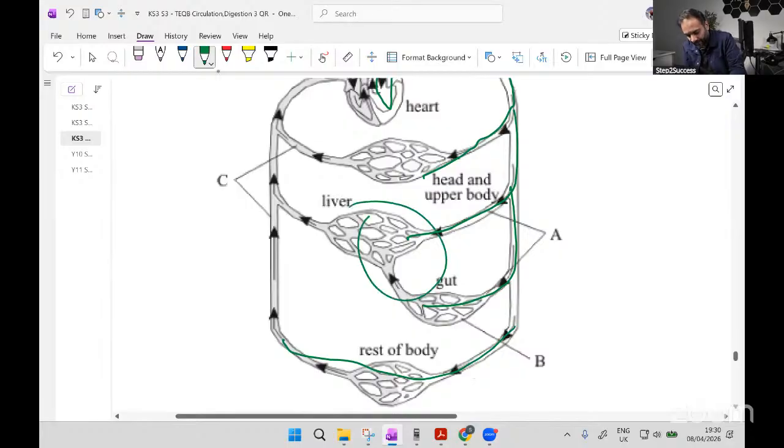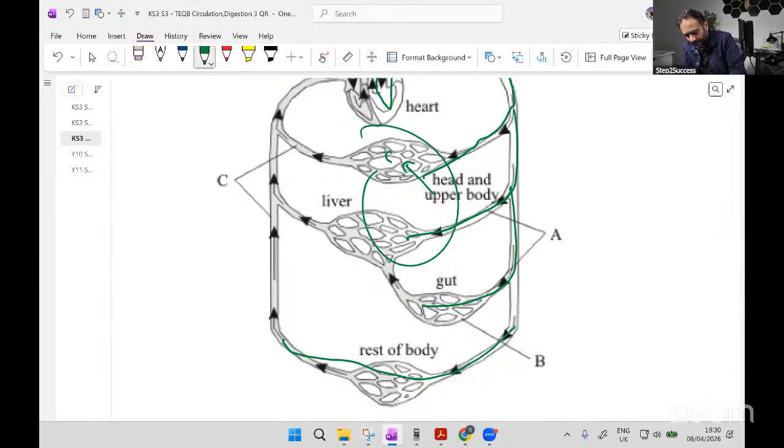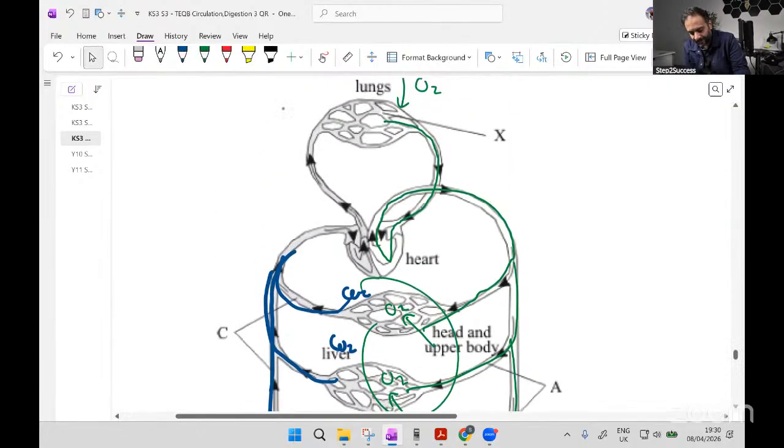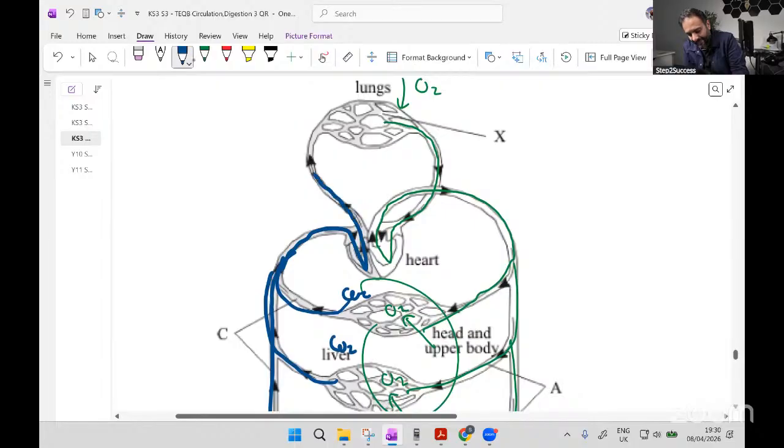What happens in all of these places is the oxygen that we've just brought from the lungs goes in, and all your cells use oxygen for respiration, which is to get energy. A waste product of respiration is carbon dioxide. So that carbon dioxide is being produced here, and we want to get rid of it. So this blood now brings all of that carbon dioxide back, firstly to the heart, and then the heart sends it to the lungs, and we get rid of it from there.